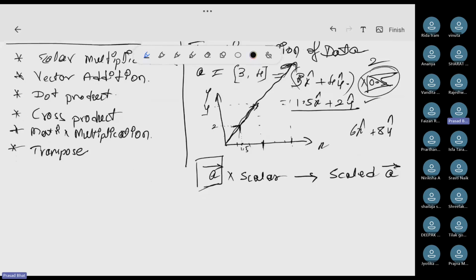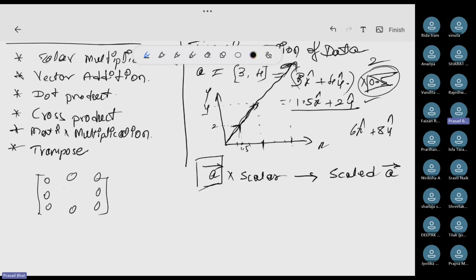Just any vector. For example, if I take an image like yesterday, 0 0 0 0 0 0 and then 0 0. If I put in say for example 127, some odd value, how is the image going to look? It will be something like this.